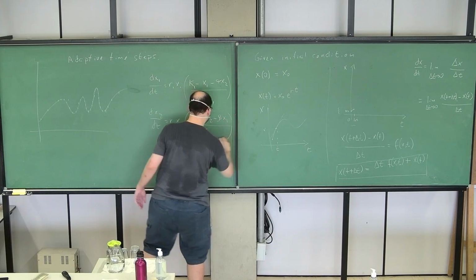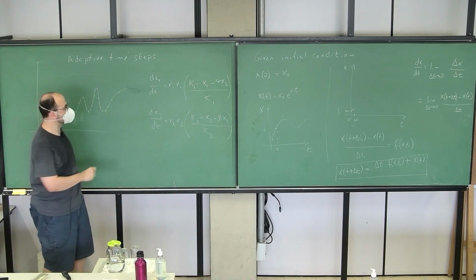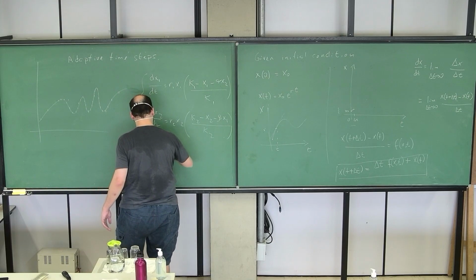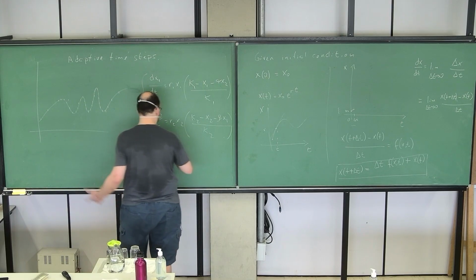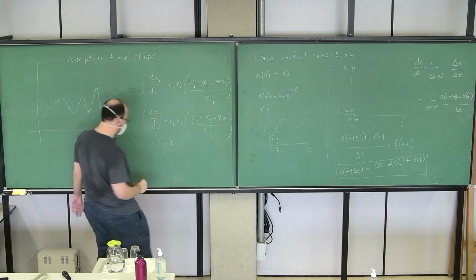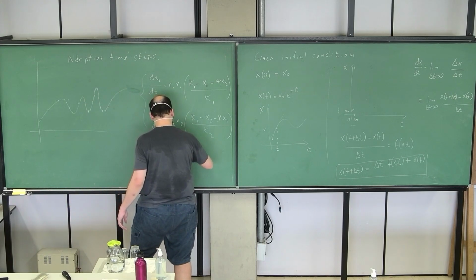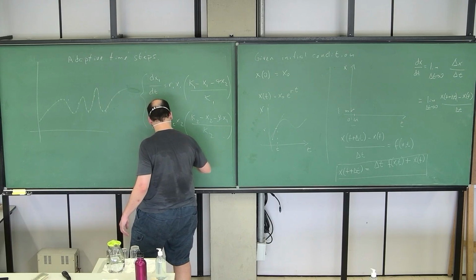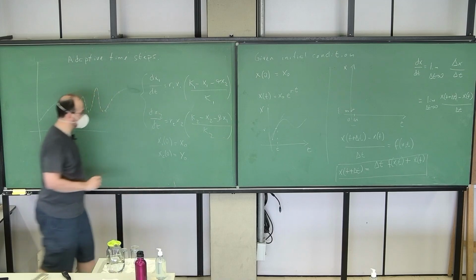So this is the Lotka-Volterra competition model, right? And I need an initial condition, so x1 of 0 is going to be, I'll put x0, and x2 of 0 is y0, something like this, okay?